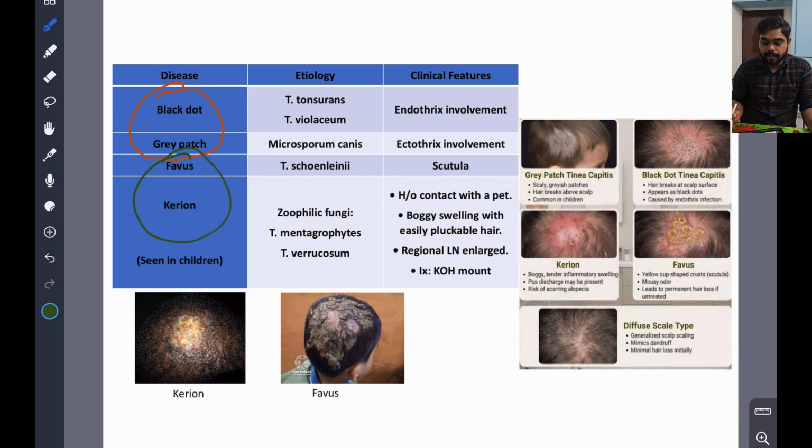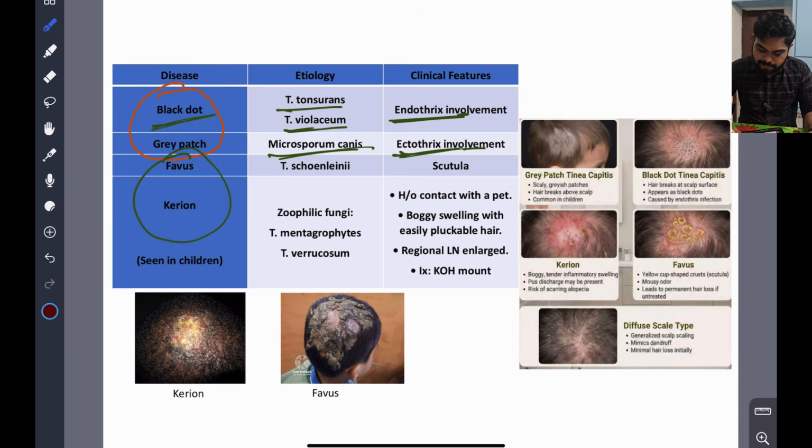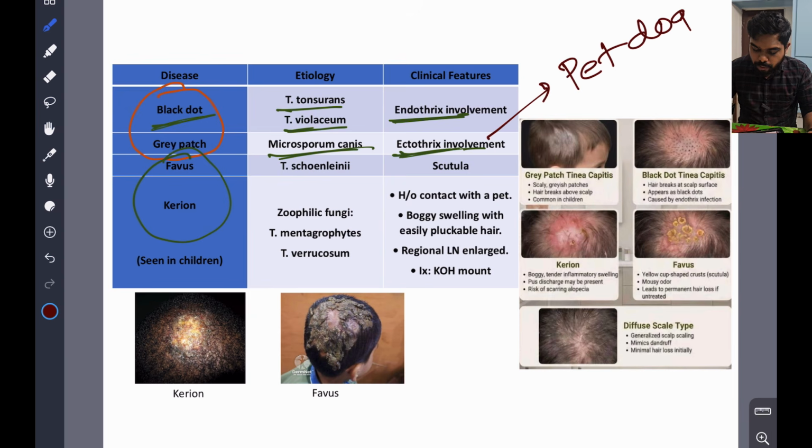So black dot and gray patch, both are non-inflammatory, and favus and kerion are inflammatory. Black dot is caused by Trichophyton tonsurans and Trichophyton violaceum. This involvement is known as endothrix involvement. Black dot, endothrix involvement. And gray patch is Microsporum canis, ectothrix involvement. Usually in the question there will be a pet dog, because Microsporum canis is from a pet.